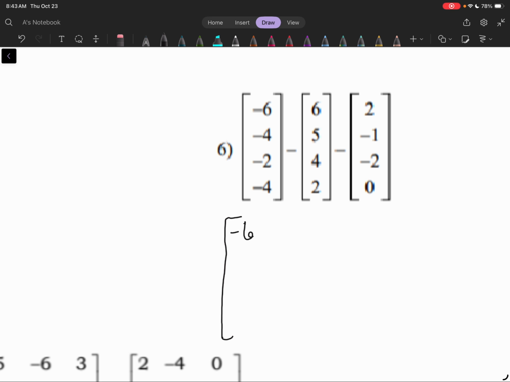This is negative 6, minus 6, minus 2 on the first row. Negative 4, minus 5, minus negative 1 on the second row. Negative 2 minus 4, minus negative 2 on the third. And lastly, negative 4 minus 2 minus 0.